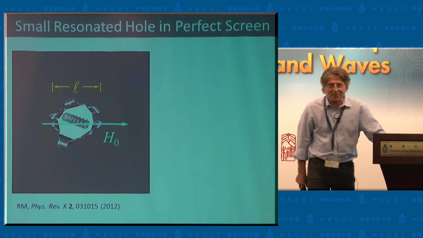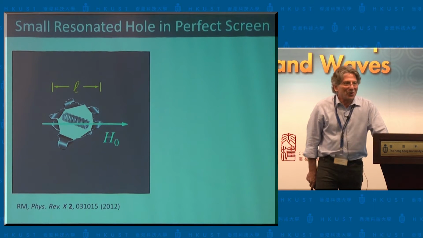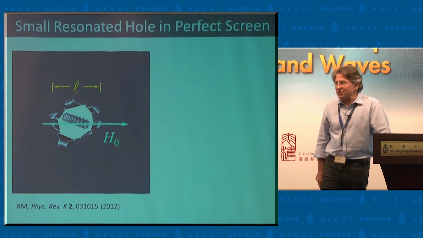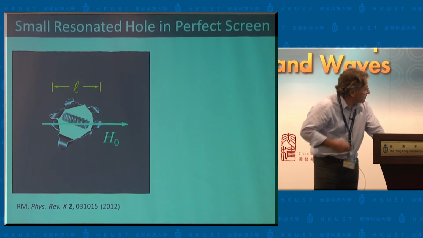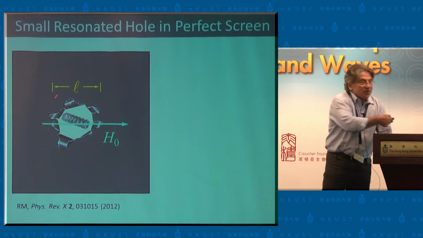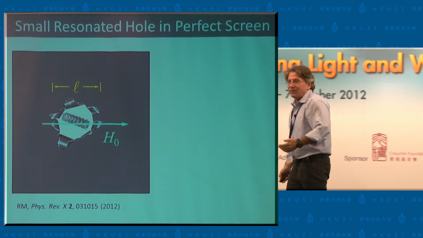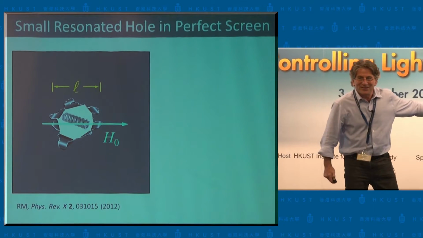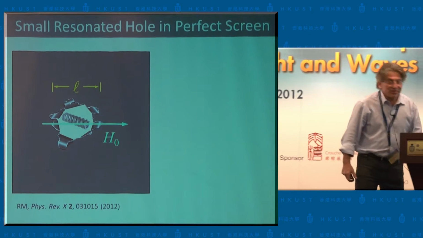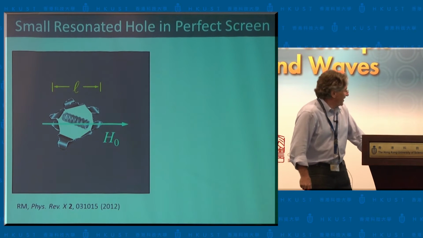All right, so let me show you a quick physicist description of how a hole can give you 100% transmission if it's coupled to a resonance. So this is the hole coupled to, you see, you guys use LC resonators, I use springs. Okay? Just to be different.